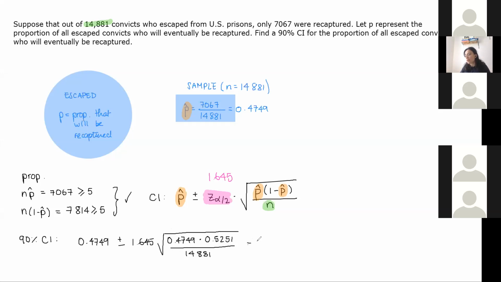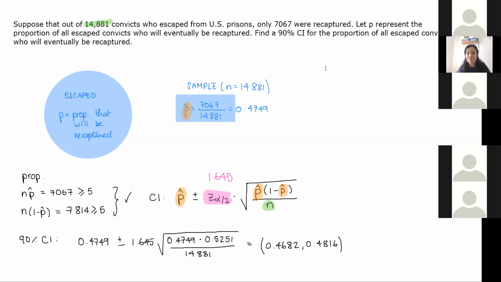And if you evaluate this, you're going to find that the confidence interval will be 0.4682 and 0.4816. Do I have any questions about this?